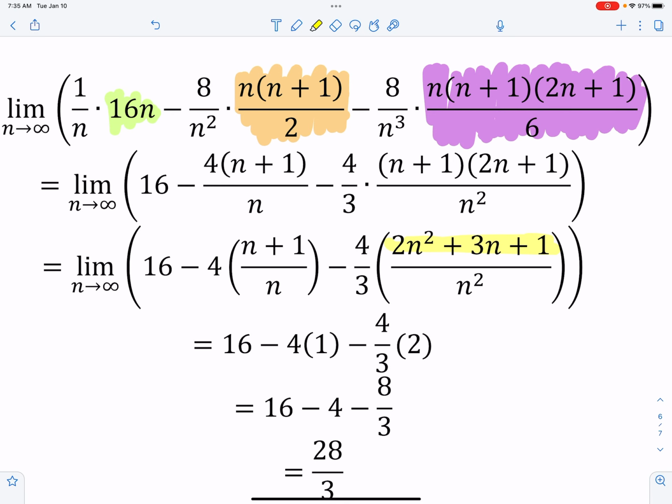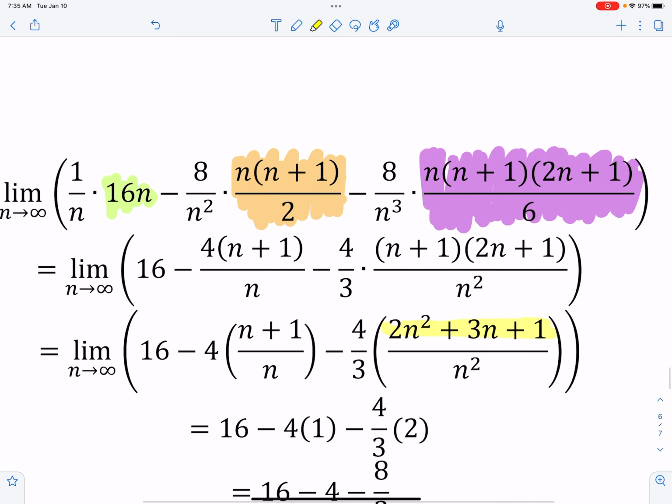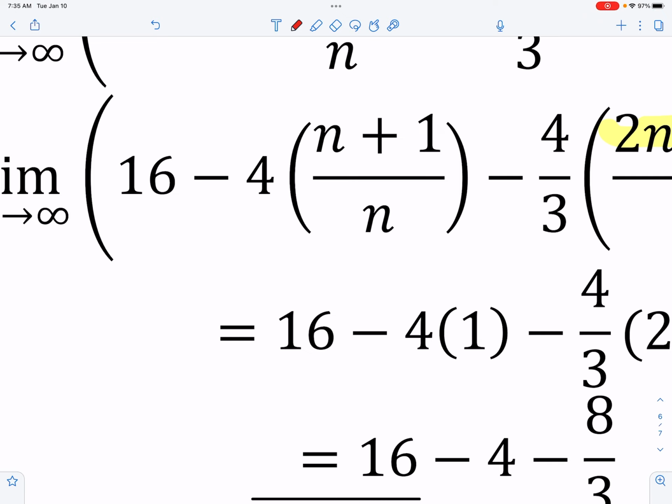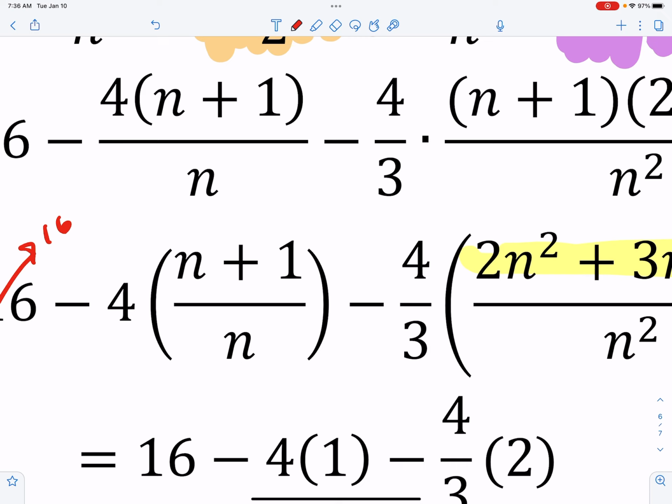And at this point, we are ready to take the limit as n approaches infinity. You guys know how to take the limit as n approaches infinity. And we can think about taking the limit of each term here, or each product, right? Like the limit as n approaches infinity of 16 would just be 16. Right? This just goes to 16. The limit as n approaches infinity of n plus 1 over n, that minus 4 will be there.